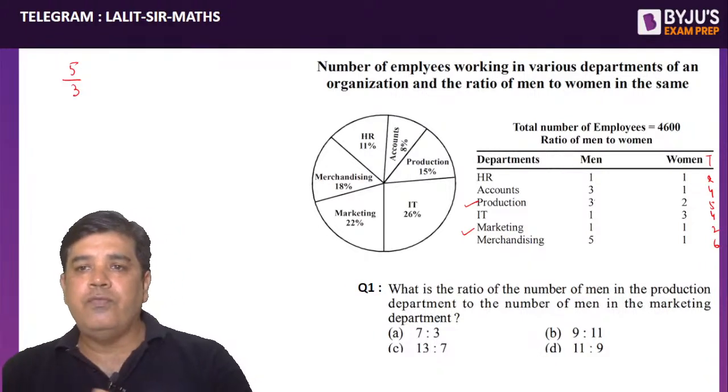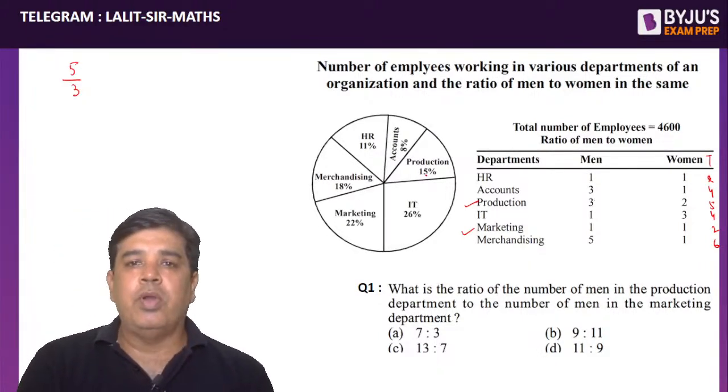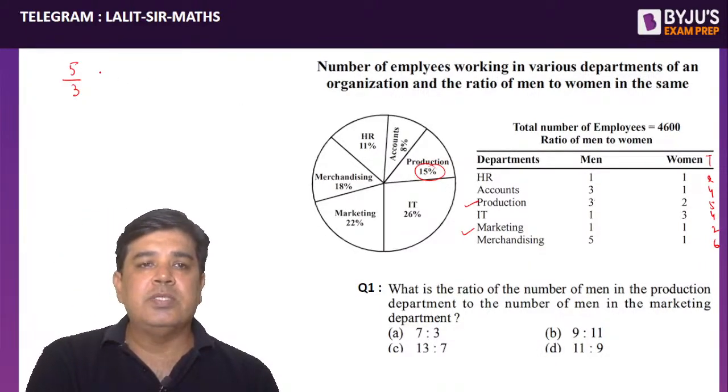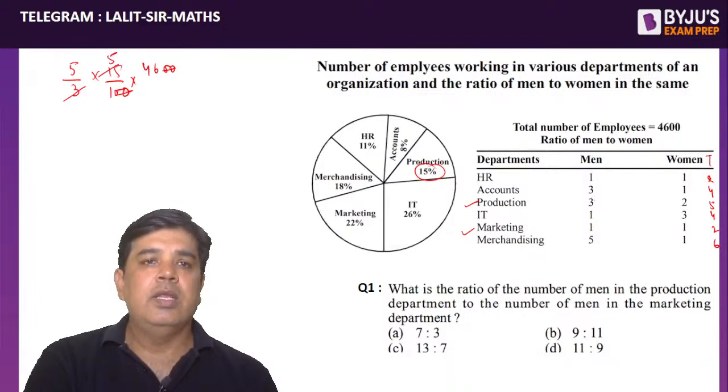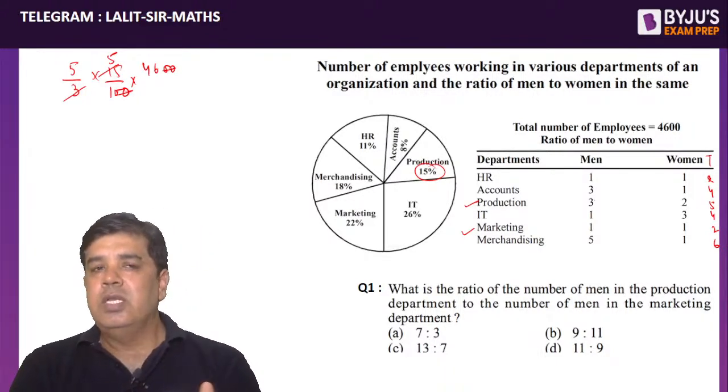In production, out of 5, men are 3, and production has 25% of the total number of employees out of 4600. So 25 into 46, this is the first calculation.